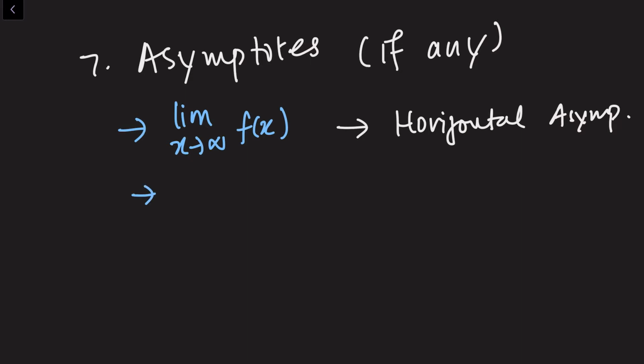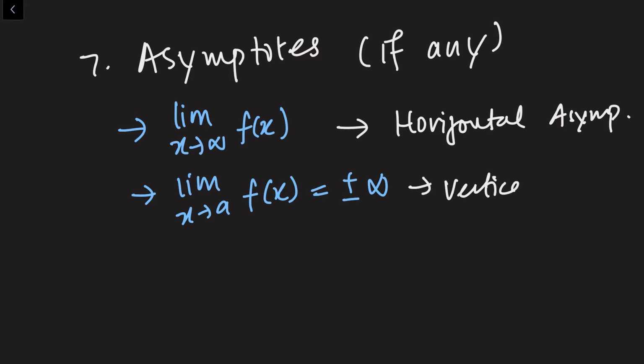Then if we take x approaching some value a and you get positive or negative infinity, it means we have a vertical asymptote.